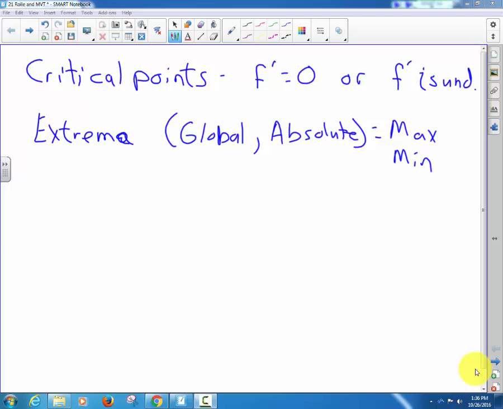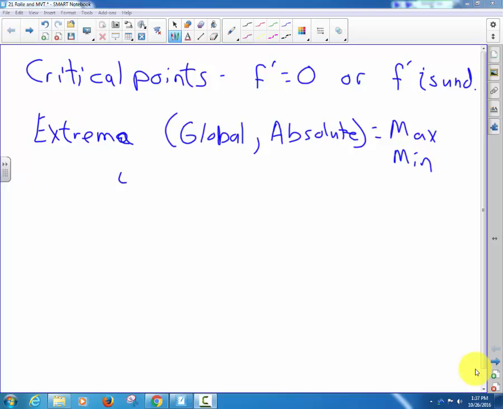Does everything have a max? Does everything have a min? When can it not have a max or will not have a min? A hole. Okay, so what's a calculus-y word that says something has a hole? The hole is removable, but what does it mean though? Continuous, okay?